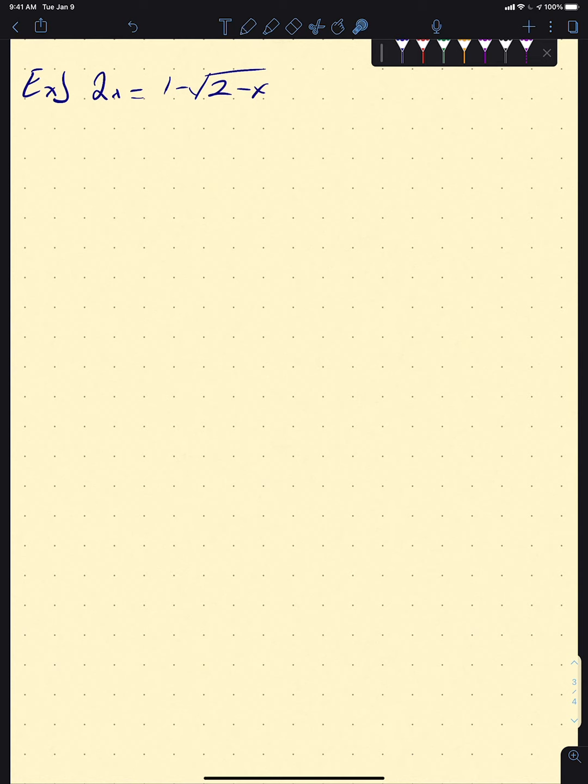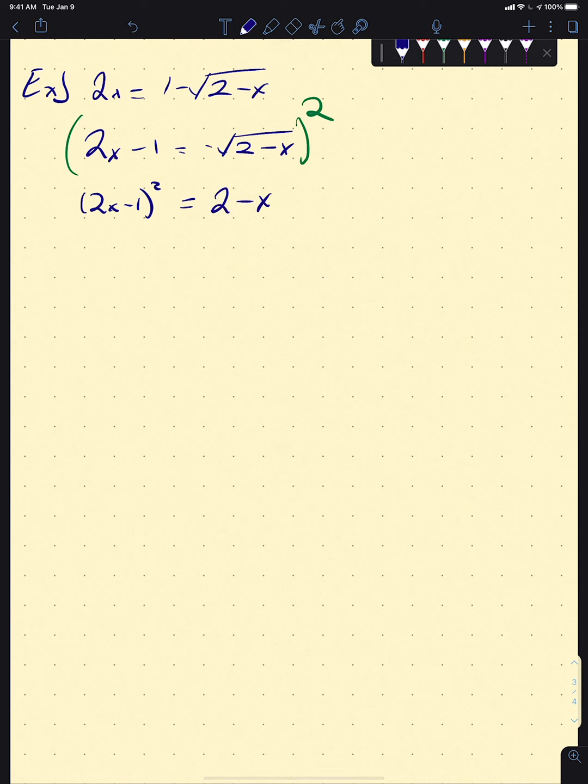What we can do is we can move this 1 over, and we'll get 2x minus 1 is negative the square root of 2 minus x. And if we square this whole expression, right, squaring each side, we'll get a quadratic, right? This is 2x minus 1 squared. This negative is just going to drop in the square, and so we'll get 2 minus x.